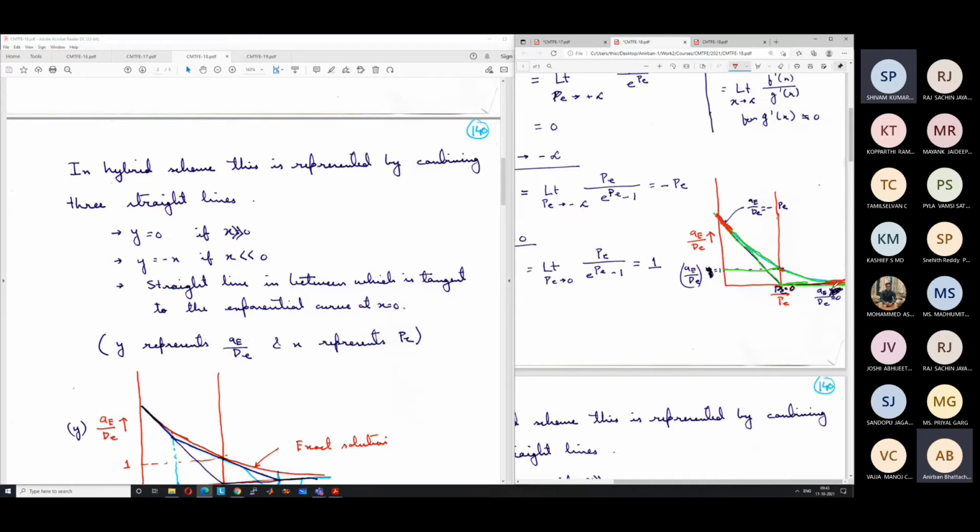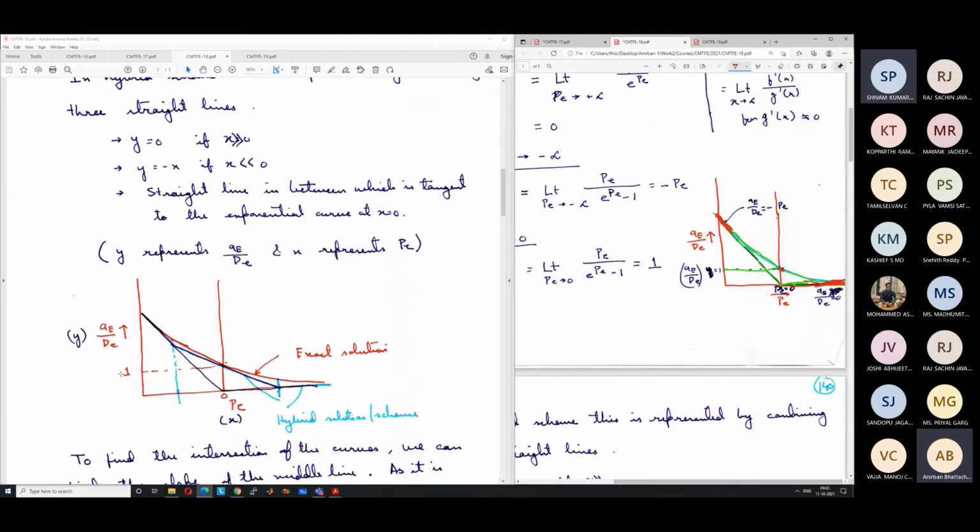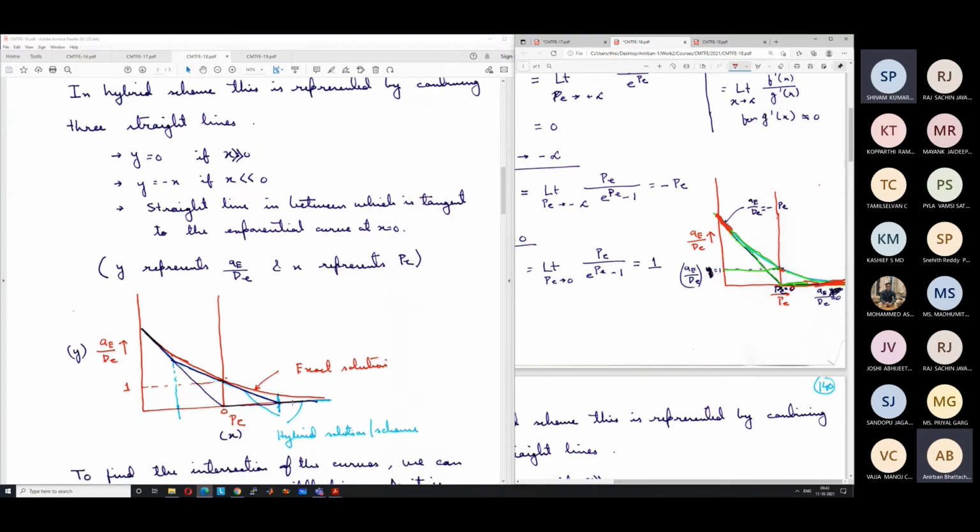For P much greater than 0, we have this straight line, A by D equal to 0 at P greater than 0. In terms of x and y, this is the straight line, the same thing I have shown here.